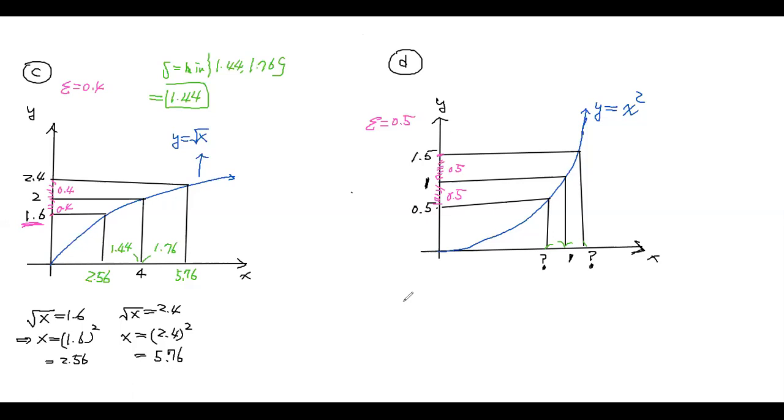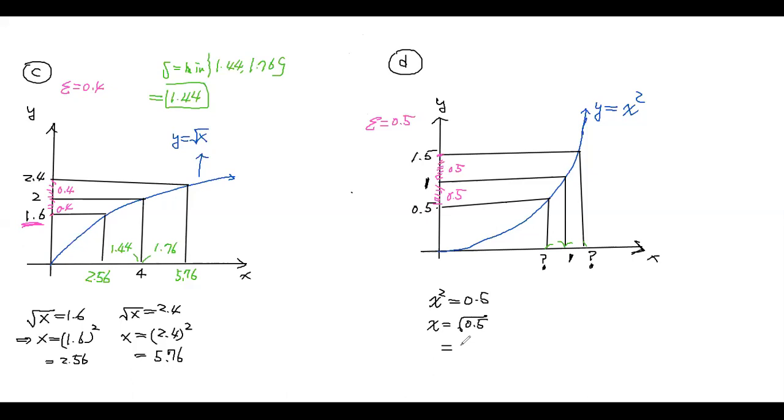So we said 0.5, right? Let's do the consistency check here. I will say x squared is equal to 0.5. So x is equal to the square root of 0.5. And what is the square root of 0.5?